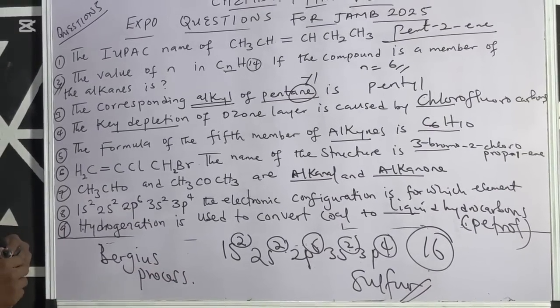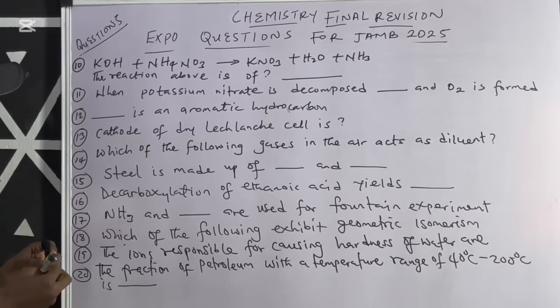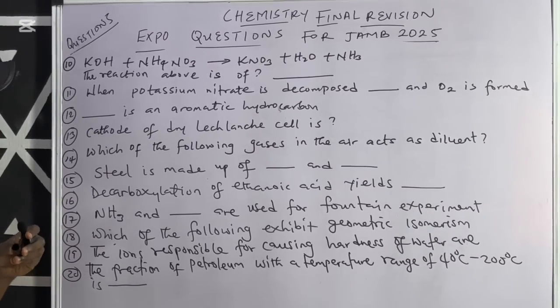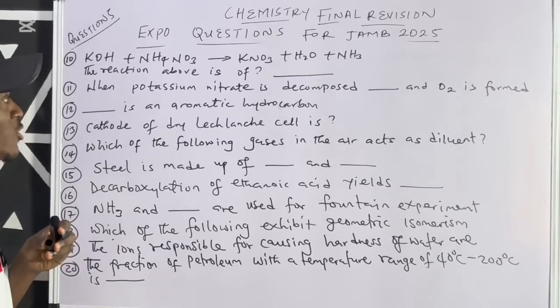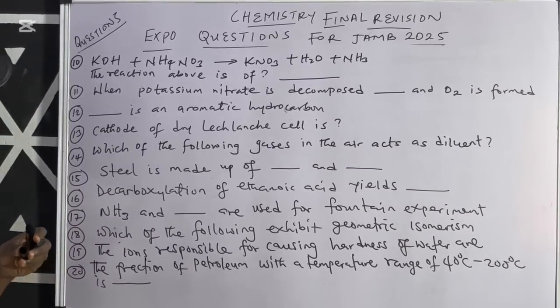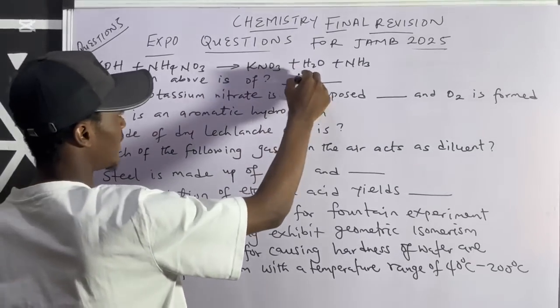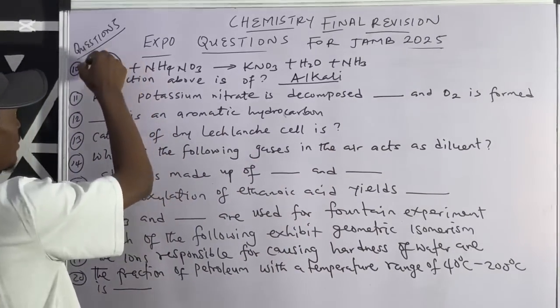So let's look at the next question, question 10. Now we are given an equation here: KOH plus NH4NO3, to give KNO3, H2O and ammonia. Now they said the reaction above is for what? Of course, the answer to this question is alkali. Why is it alkali? Because we are dealing with KOH.